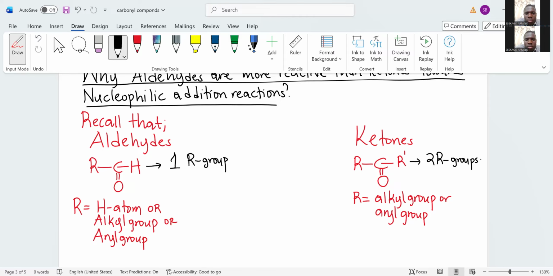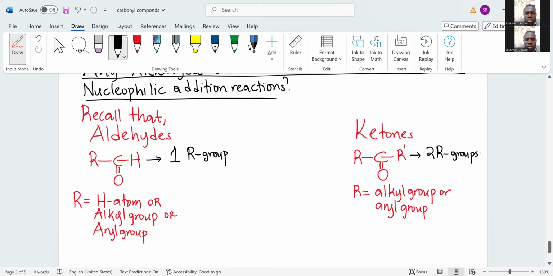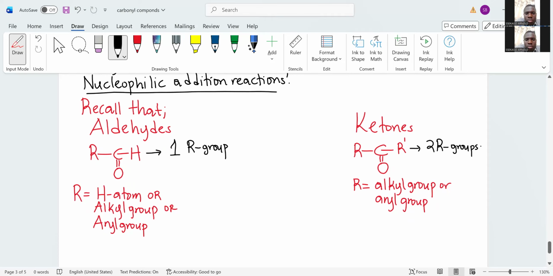So what does this mean? Remember, we are adding a nucleophile to these compounds.